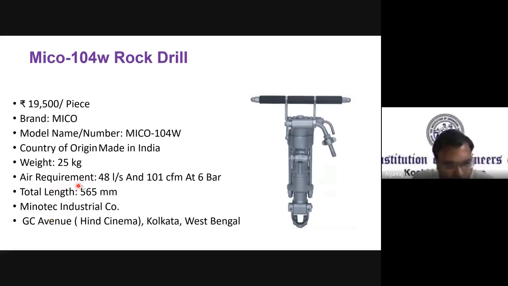And you see the air requirement is going to be 48 liters per second, and 101 cubic feet per minute at the rate of 6 bar. So the total length is going to be 565 mm, and the company name is Minotac Industrial Company. This is located in Kolkata and West Bengal.